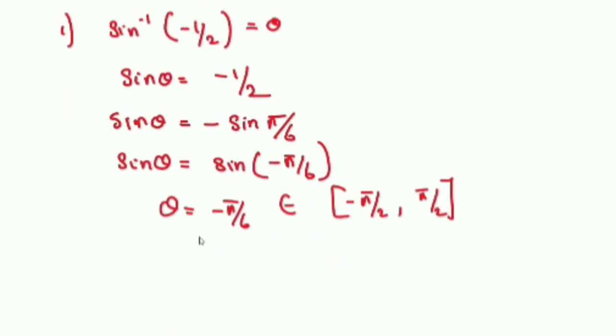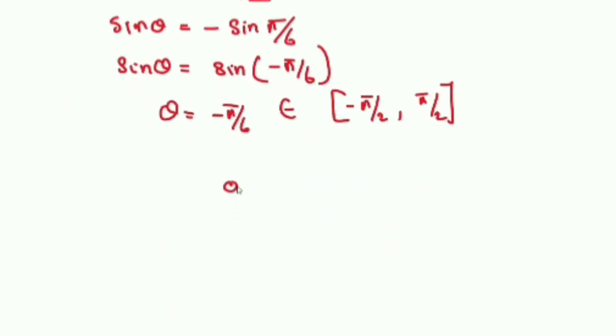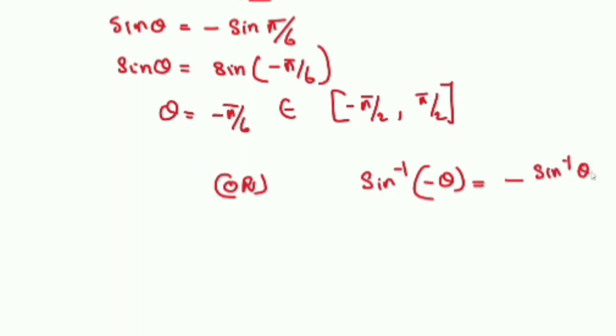Or the same problem can be done using the property. What is the property you have learned? Sine inverse of minus theta is minus sine inverse of theta. So sine inverse of minus half, you can write as minus sine inverse of half.